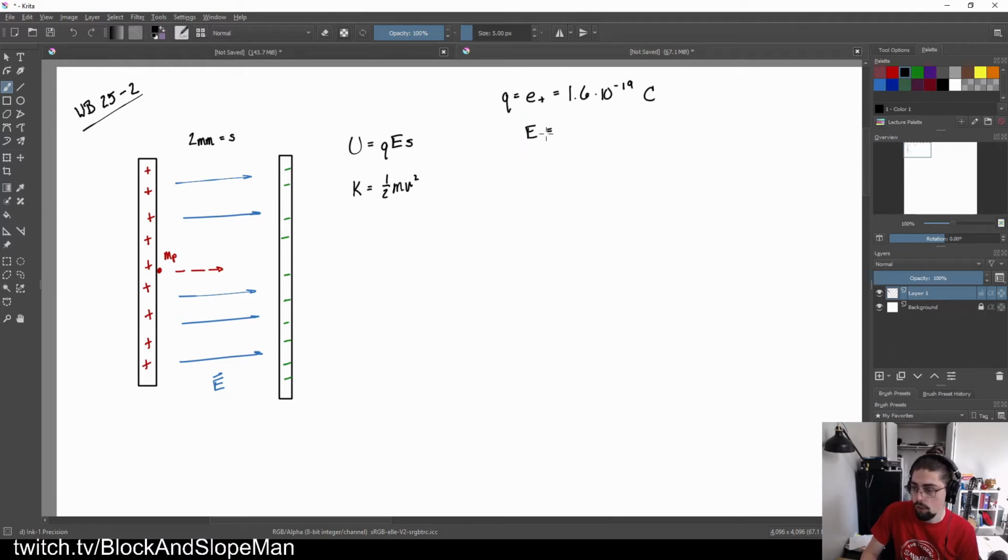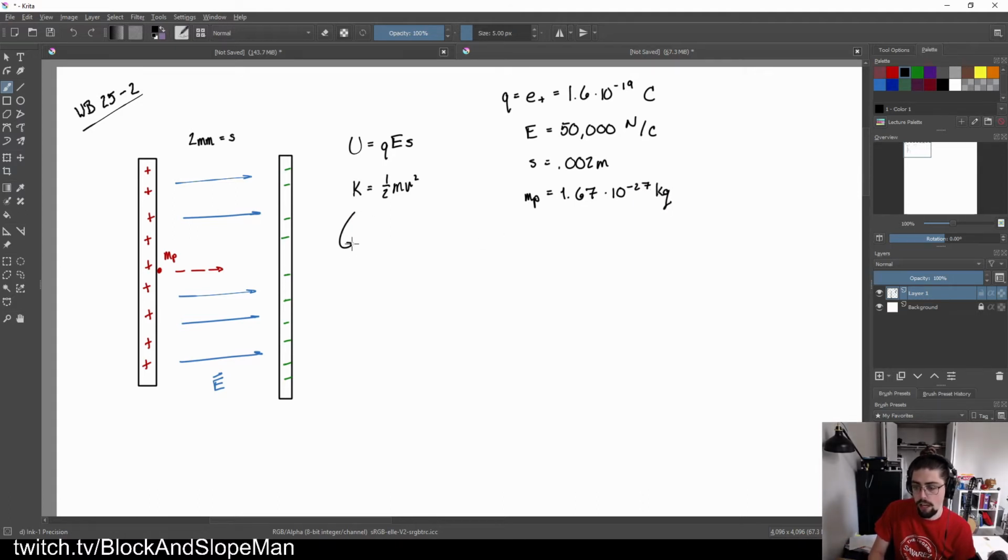The electric field is 50,000 newtons per coulomb. The spacing S is 0.002 meters. So the mass of the proton is 1.67 times 10 to the negative 27th kilograms.